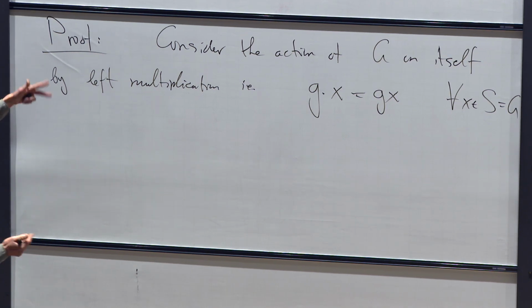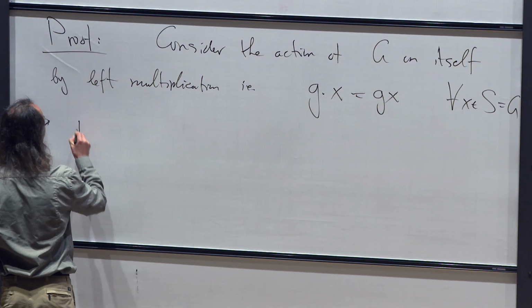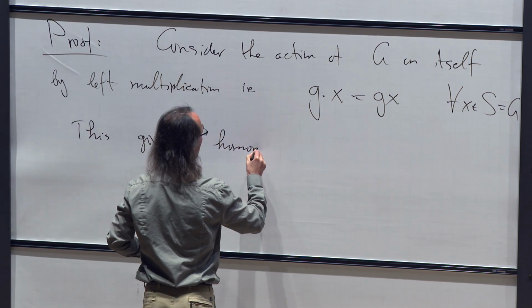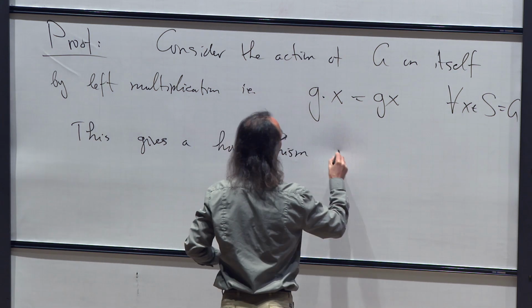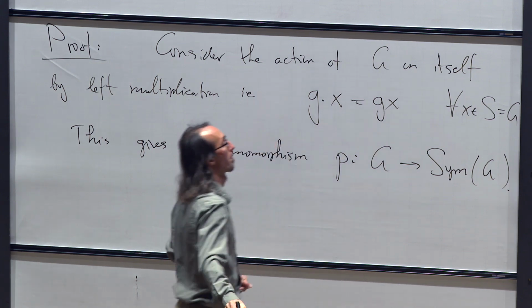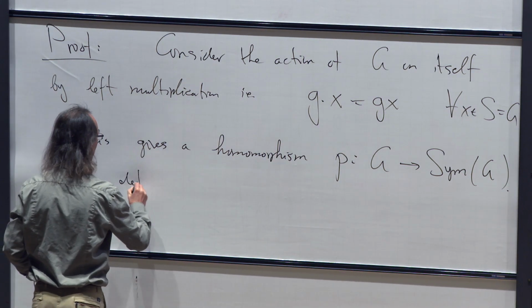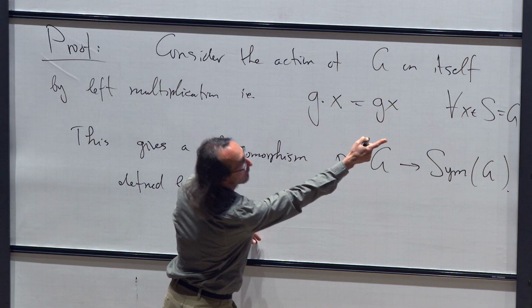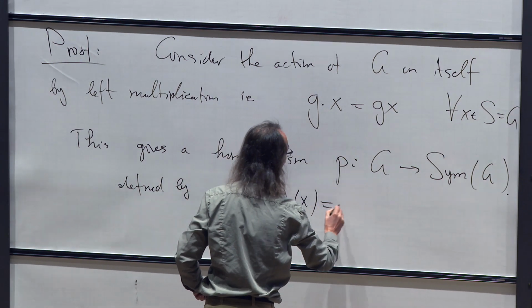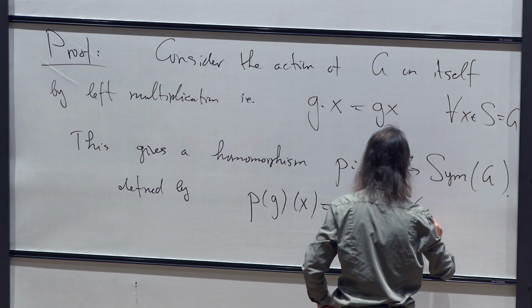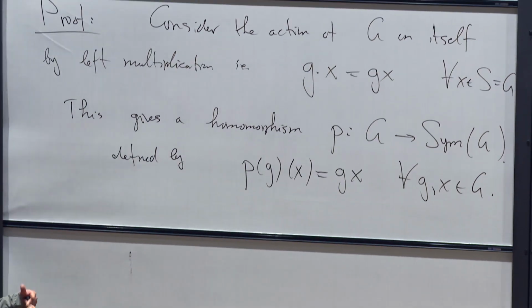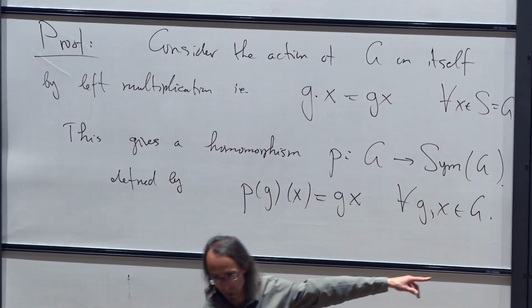Okay, and define the associated rho. This gives a homomorphism rho from G into Sym of G, defined by, well, the definition is there. Rho of g applied on x is gx for any g and x in G. Okay, we already know this is a homomorphism because this is what we proved earlier.